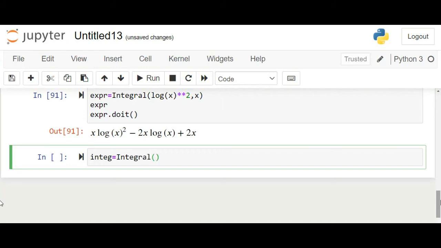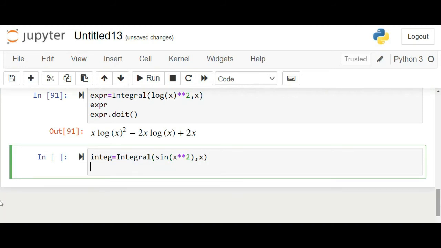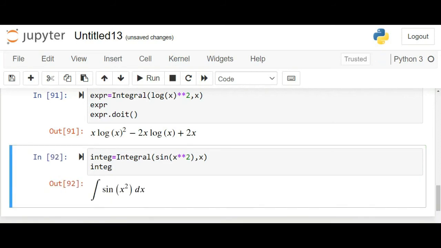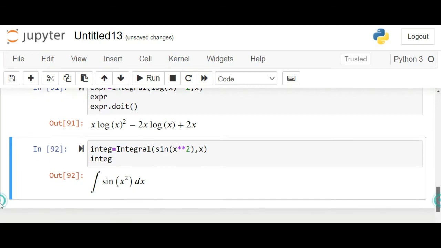Inside the parenthesis we shall write sine of x square with respect to x, and then we write integral, control and enter, this is sine x square, okay.